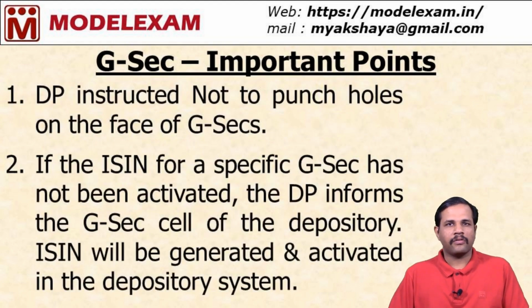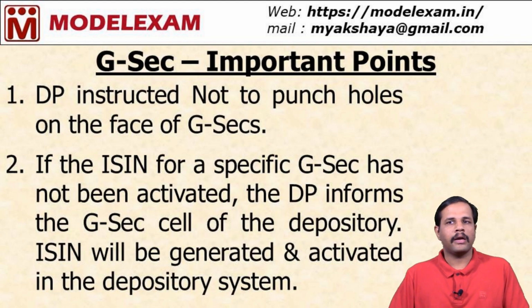Unlike in other cases, here the DP is instructed not to punch holes on the face of government securities. Here also you should remember that only those securities whose ISIN has been activated, or where an ISIN is present, can be dematerialized.